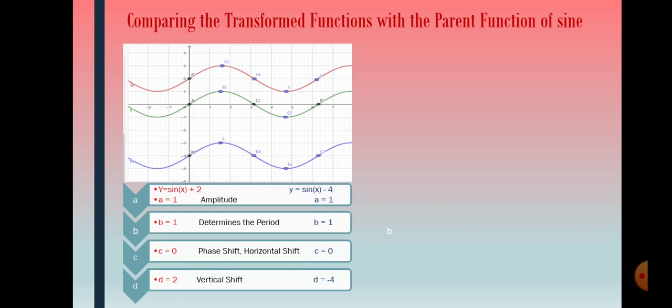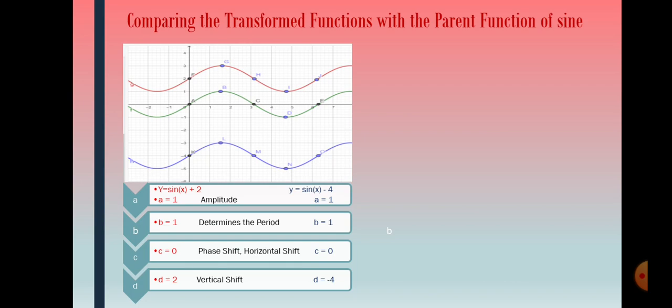So therefore, for the function, a is 1, so the number in front of sine. b is 1, no number after sine. c is 0, so in the parentheses we're going to have only x. And d is 2, then outside we're going to have plus 2.